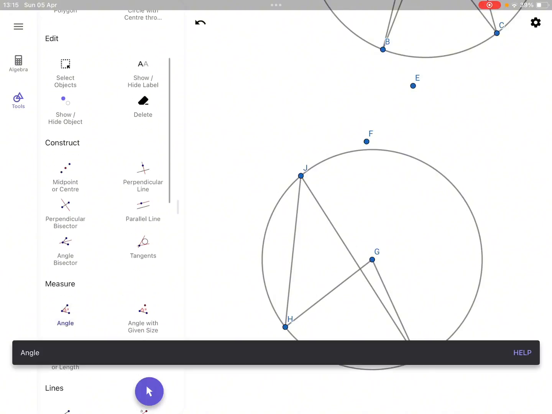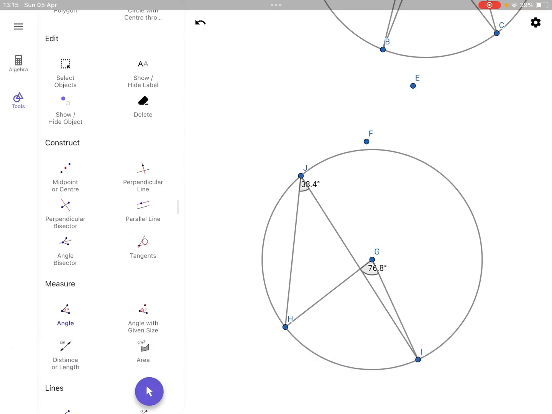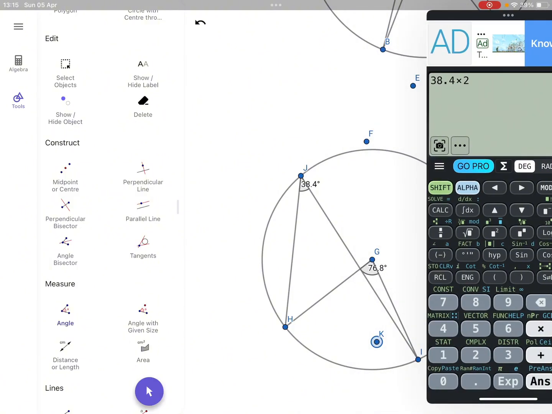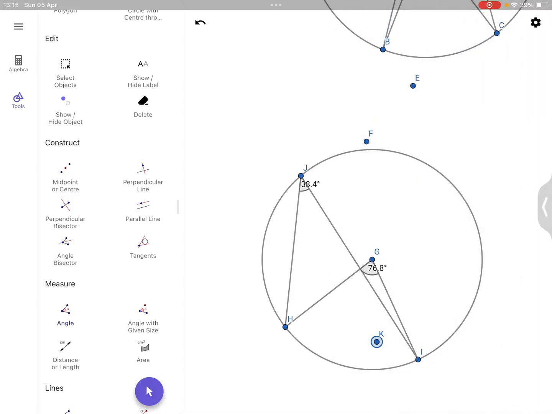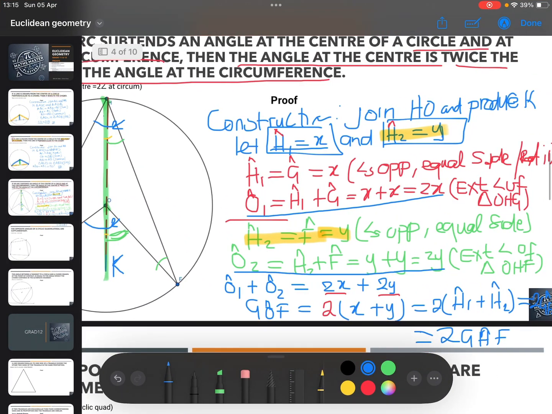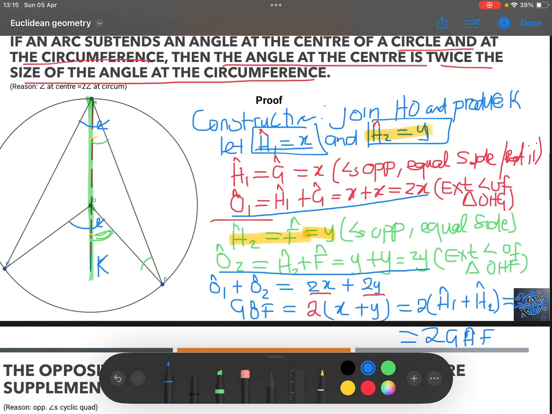Okay, let's measure the angle and see if the theorem is telling the truth. We have 38.4 at the circumference, and the angle at the center should be 2 times that. When we multiply it by 2, we get 76.8. That means whatever the proof is, it's valid. The statement is true that the angle at the center is 2 times the angle at the circumference.